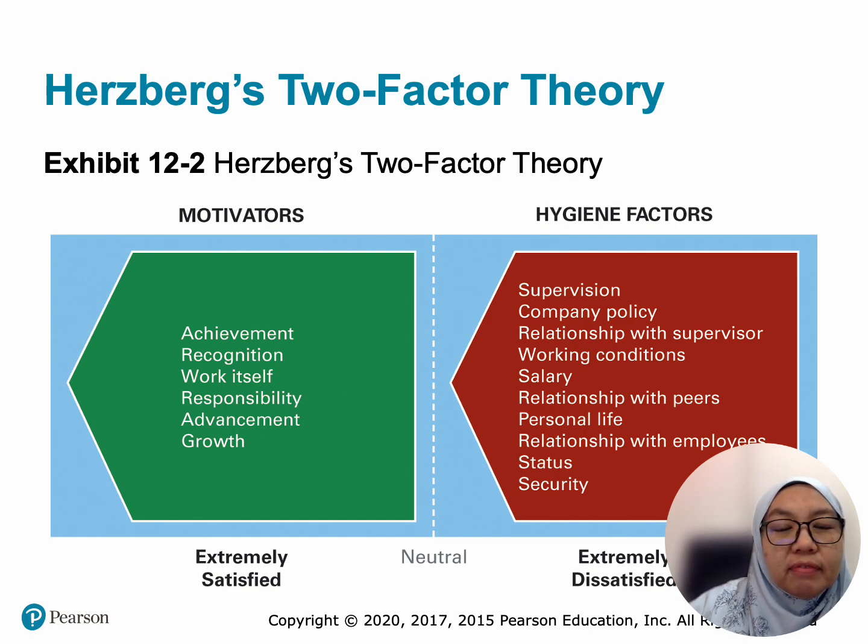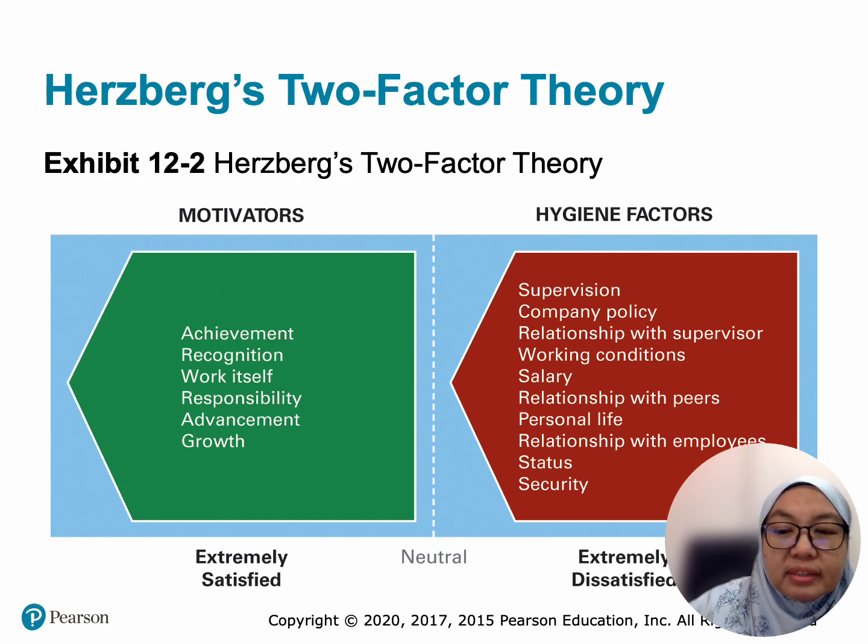So if they have a balance of motivators and hygiene factors, they are basically neutral. If they are moving towards the left hand side, they are actually extremely satisfied. But when the hygiene factors are heavy, they are extremely dissatisfied.